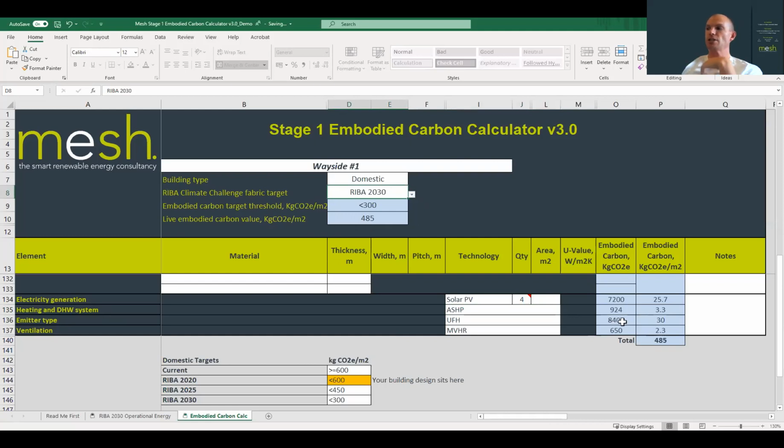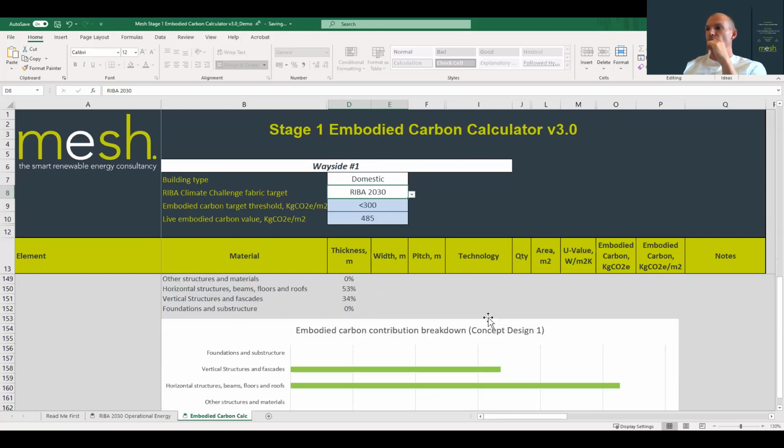You're not necessarily changing the emitter system, the ventilation system, or the amount of solar that you're putting on the roof, but your heating system can get smaller, and that helps you bring your embodied carbon down because you can put in a smaller heating system on the development. So some of these subtleties we've started to bring in here to make this more realistic.